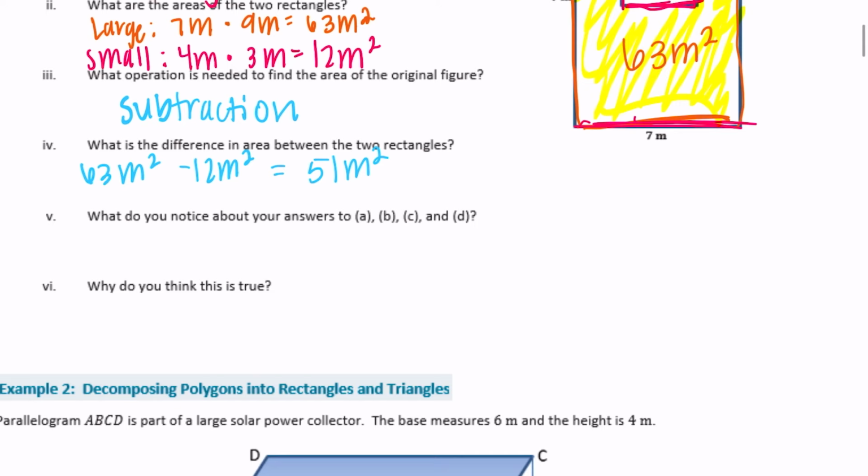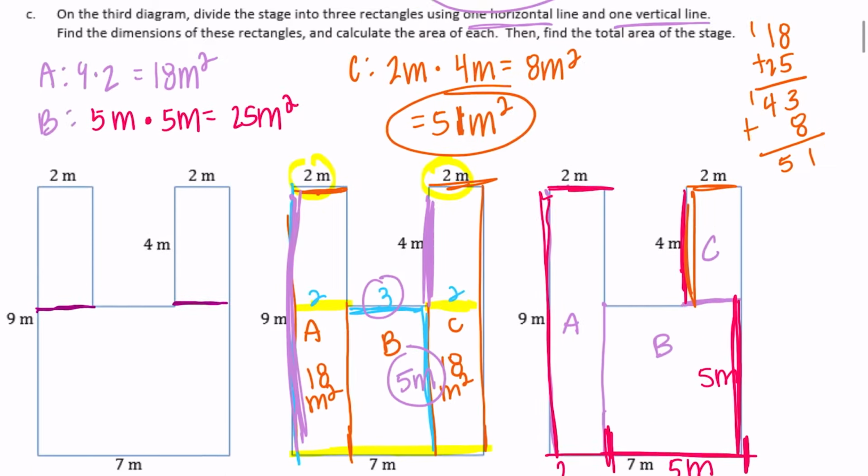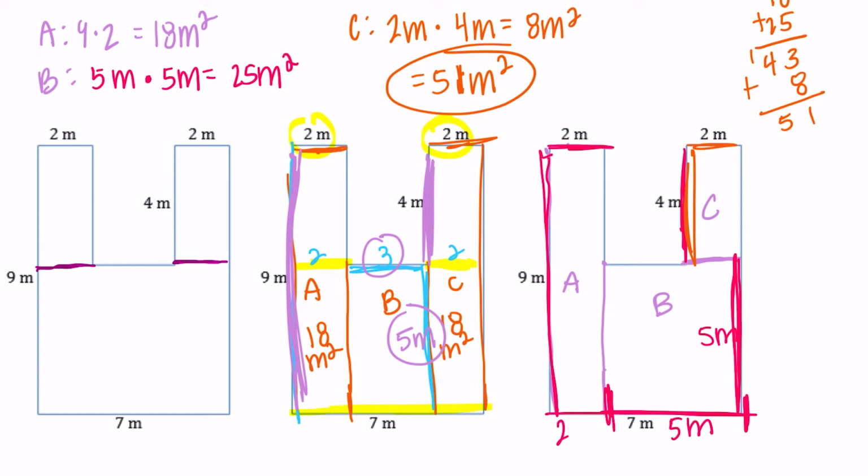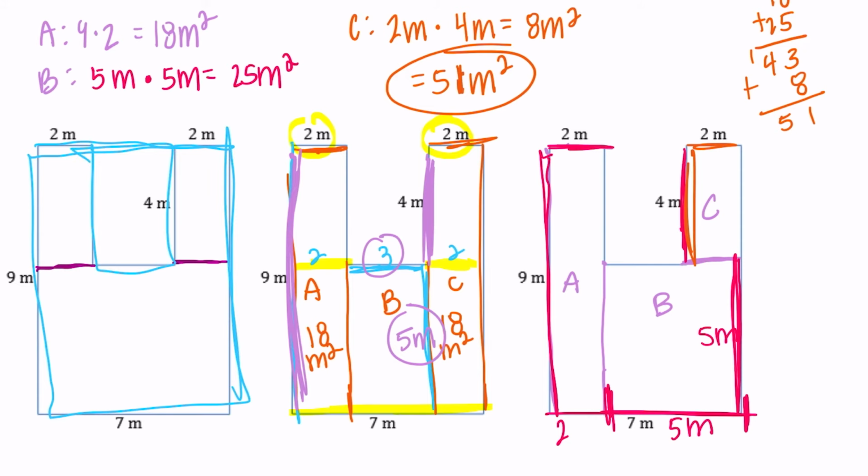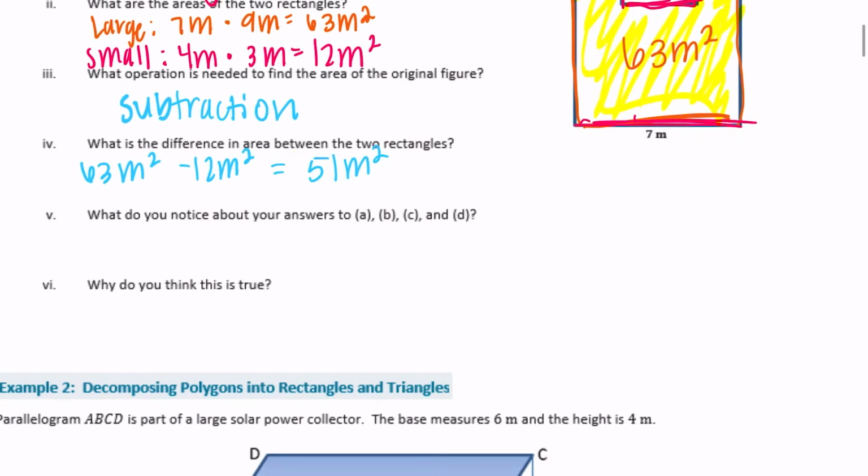What do you notice about your answers to A, B, C, and D? Well, they are all 51 meters squared. So what we just did in part D is we had this large rectangle and then we just took out the small one. So they are all the same. The areas are the same. Why do you think this is true?